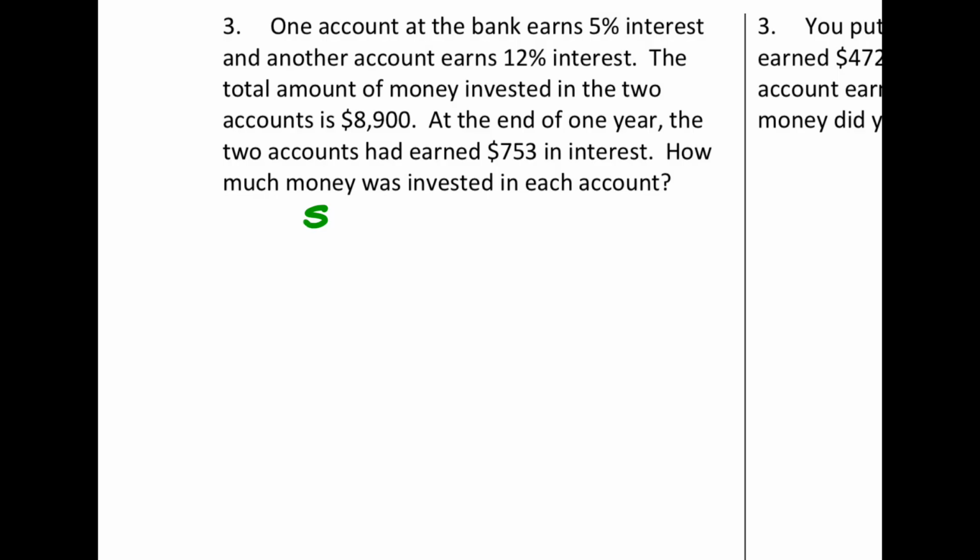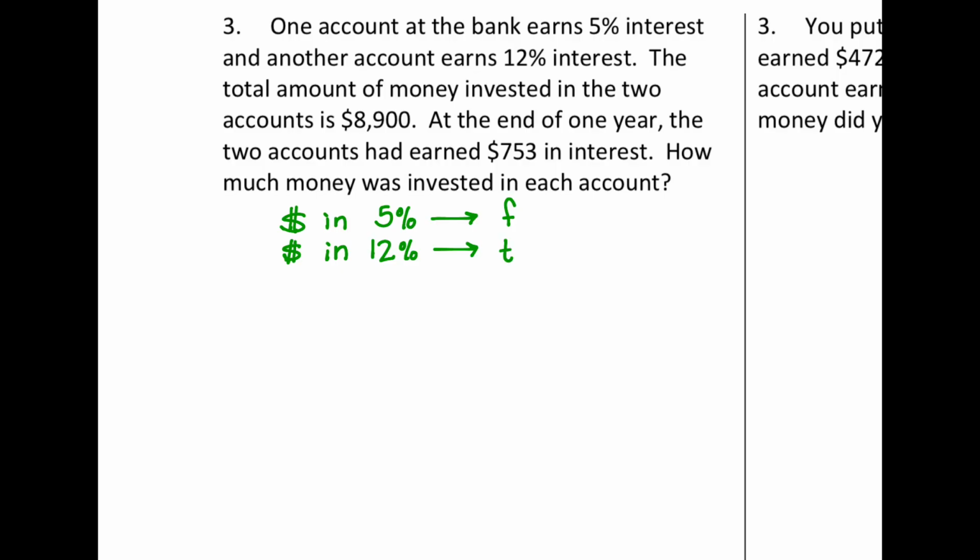The money in the 5% account, we'll give it a variable in a minute, and the amount of money in the 12% account. You could use F for 5 and T for 12 if you want. You could use X and Y, A and B, doesn't matter. But I am going to use F and T.